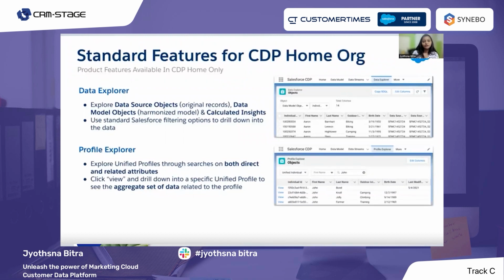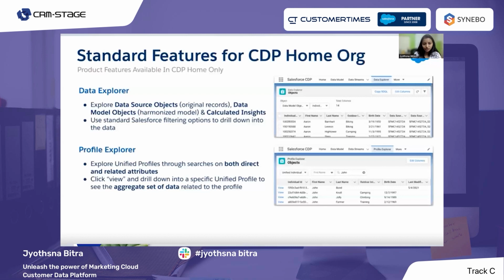Using the Data Explorer, once we have the data stream connected and the data is flowing in, and we want to see its status and the records that are coming in, the objects, the calculated insights and other details, we can look at the Data Explorer tab and all the information is present there. We can drill down into that information. And since it sits on the Salesforce platform, we can leverage the Salesforce filter options, the search options, and the UI configuration options as well.